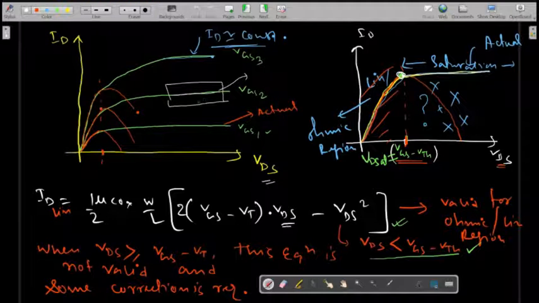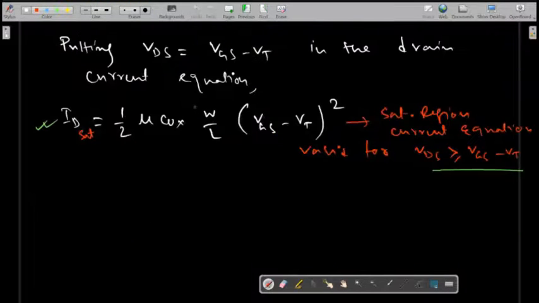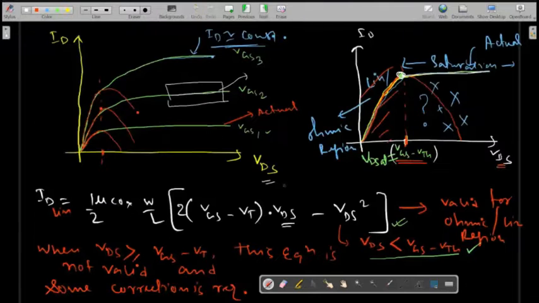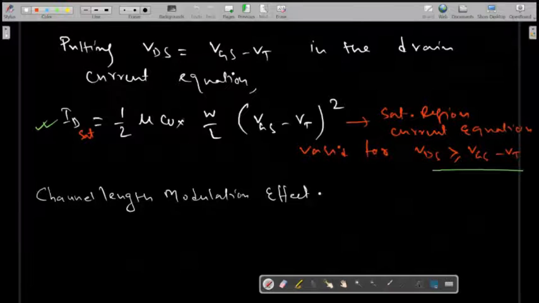The current is slowly varying due to one effect called the channel length modulation effect. Due to that, the current is not perfectly constant, it varies slowly.